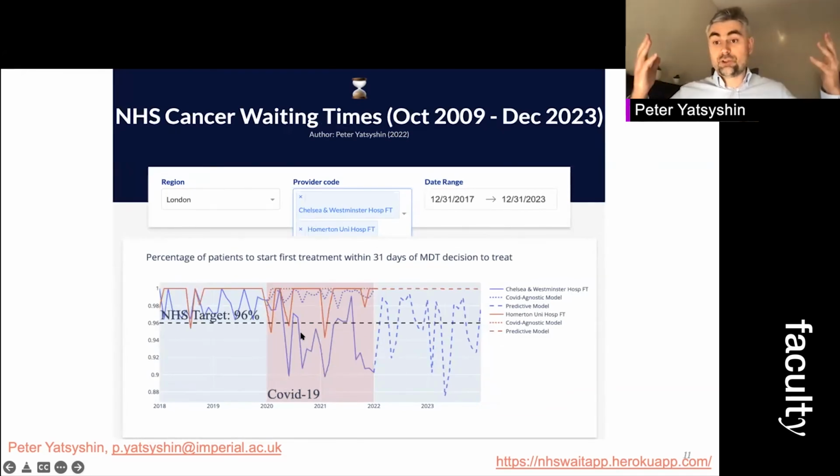Finally, GPs can use it to compare individual hospitals to decide where to send the patients. Here are two hospitals from London. We see that Homerton, the red one, was barely impacted by the pandemic, whereas Chelsea and Westminster was impacted quite a bit. The reality is here, whereas the projection of no COVID is significantly higher.